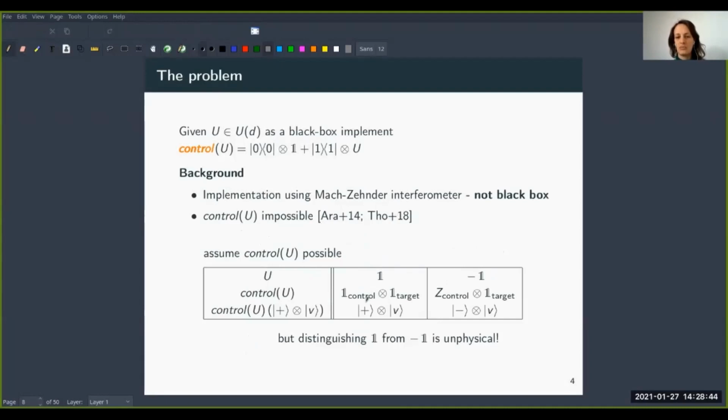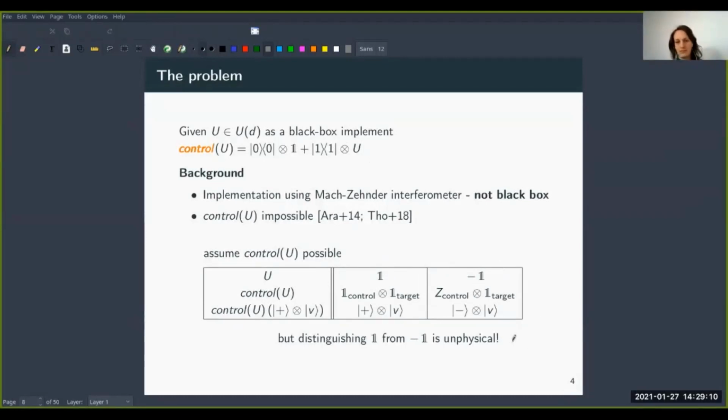Then you will actually implement identity on the control tensor identity on the target in the first case, and Pauli Z tensor identity on the target in the minus identity case. And these two implemented operators are perfectly distinguishable. So we managed to perfectly distinguish what should be physically indistinguishable.